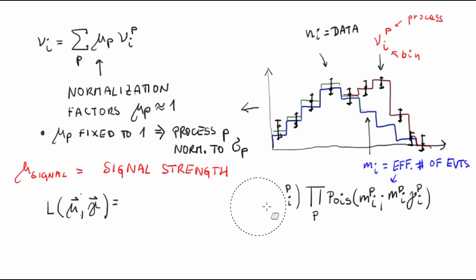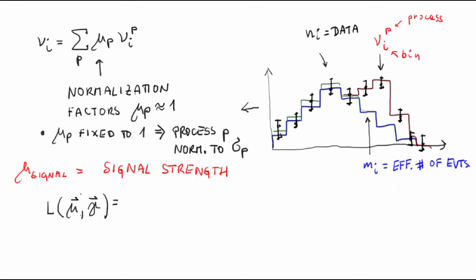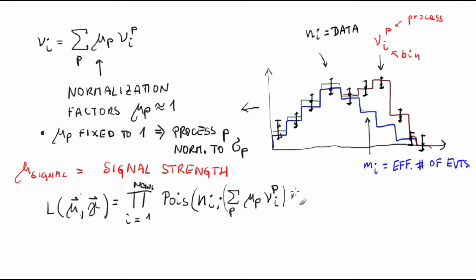The likelihood function becomes L of parameters μ_p and γ_i is equal to the product over i equal to 1 to n bins of the Poisson of n_i given the parameter sum over p of μ_p ν_pi, all this times γ_i, times a Poisson distribution of m_i with expected value m_i times γ_i.